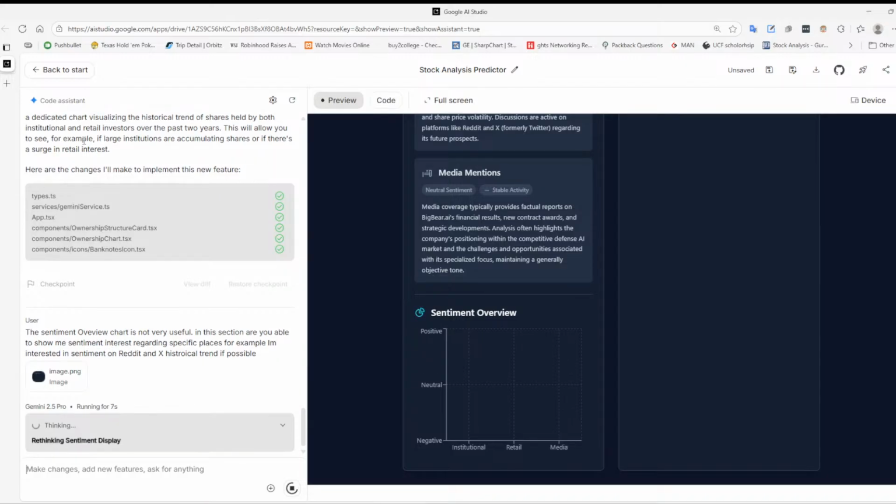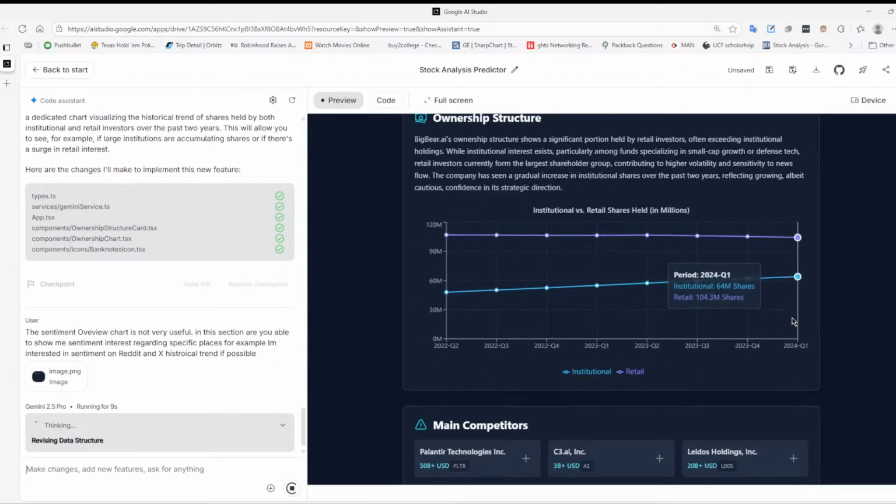Something I've noticed is, for some reason, a lot of the data just ends in 2024. I'm wondering if they only have a database that has that information, and I'm wondering where I can get that information from.